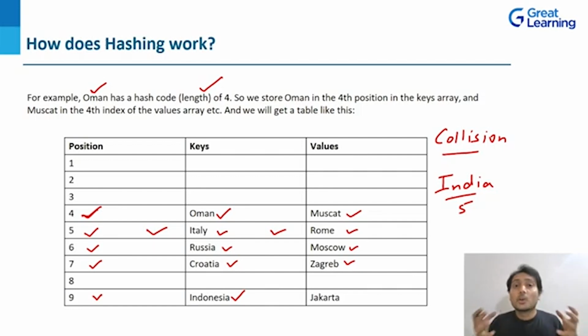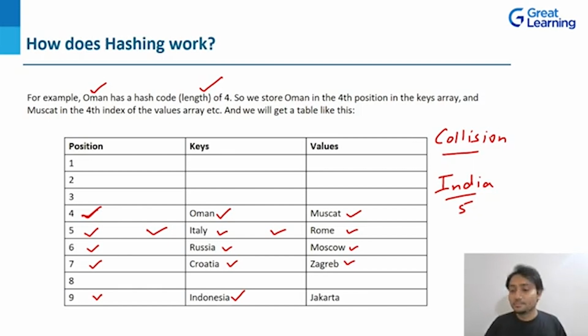So there is a collision taking place over here. So you should design your hashing function in such a way that it should also take care of collision. Fine. So I hope with this you have understood how exactly hashing works, what this hashing function is, and how this hash table looks like.